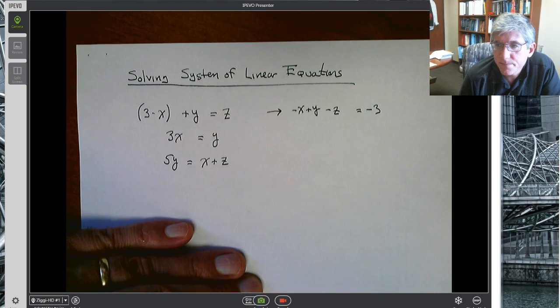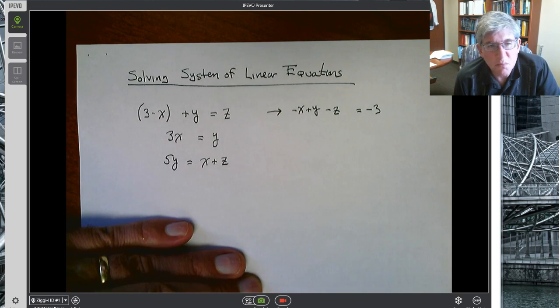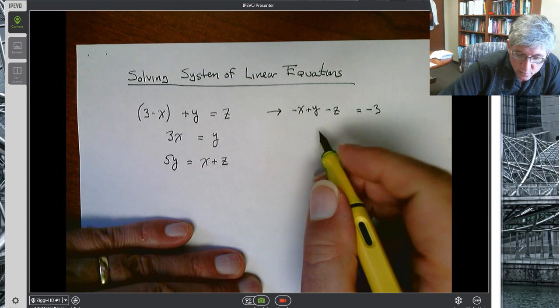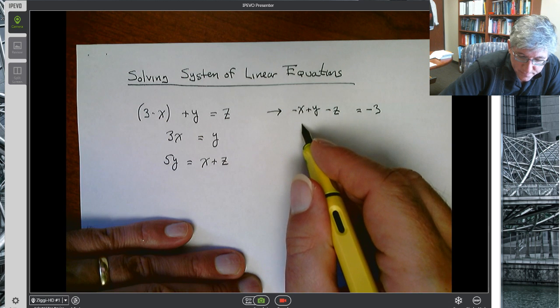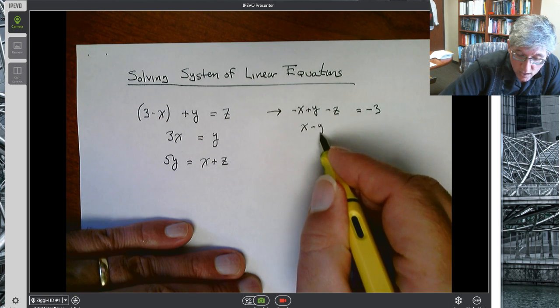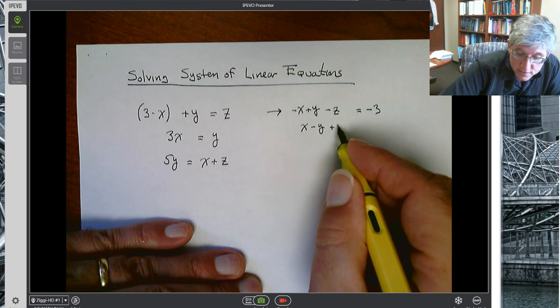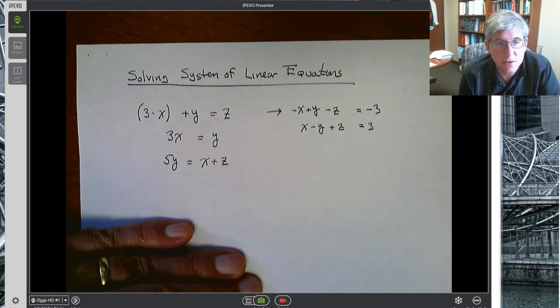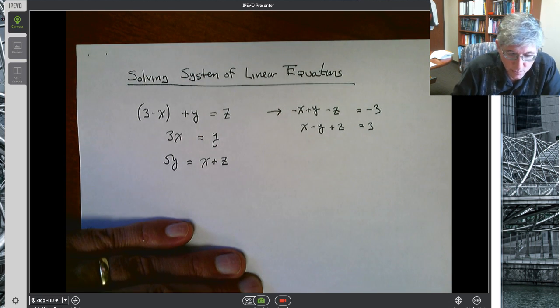So there's that equation. You could also multiply it through by minus 1, and I don't know, makes it x minus y plus z equals 3. Obviously, those are the same equations. You can use either one. Maybe the second one looks a little nicer. It's got fewer minus signs, whatever.